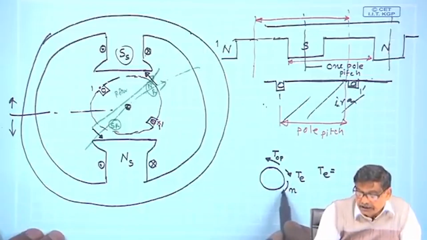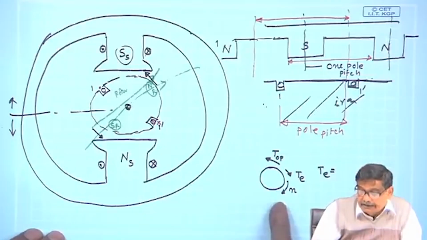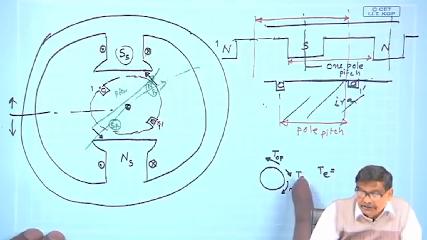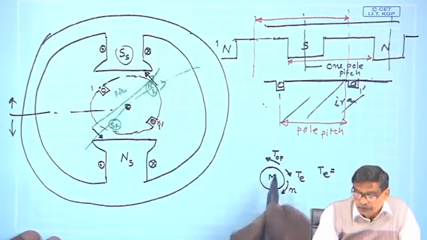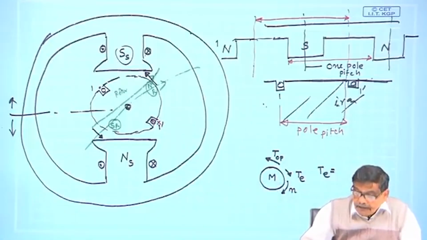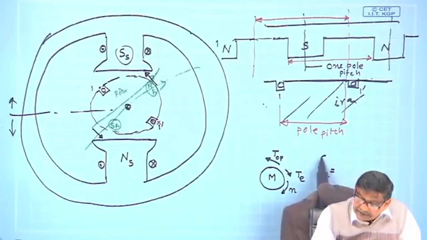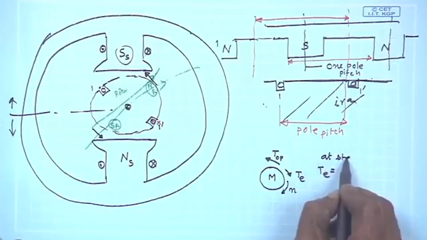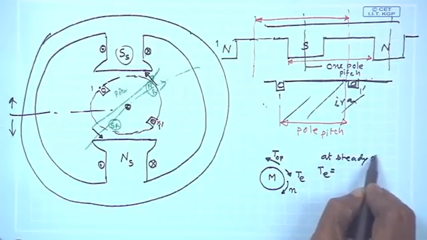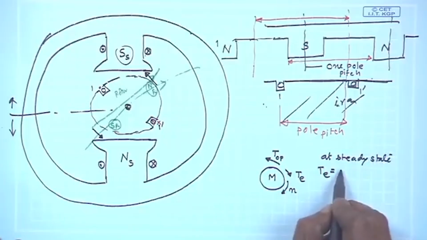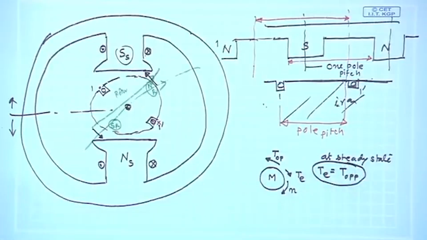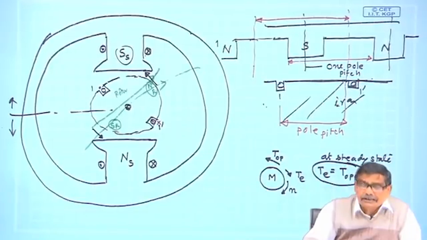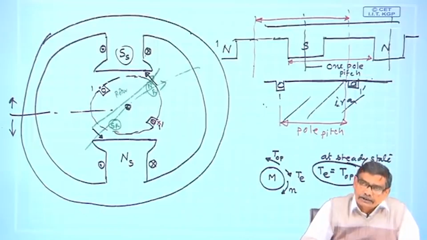Direction of rotation is set by T, the direction of T will decide in which direction the motor is going to run. And at steady state, T must be equal to T opposition. The machine will find out its own steady state operating point, as we have seen in the case of a single conductor generator.